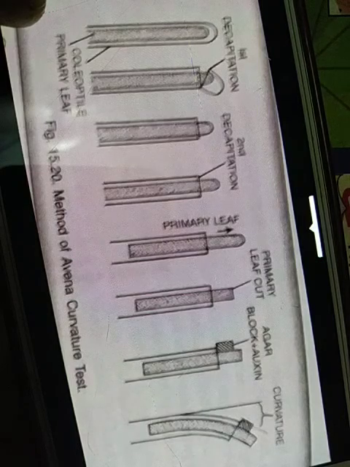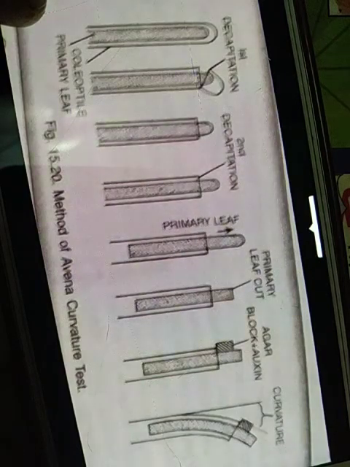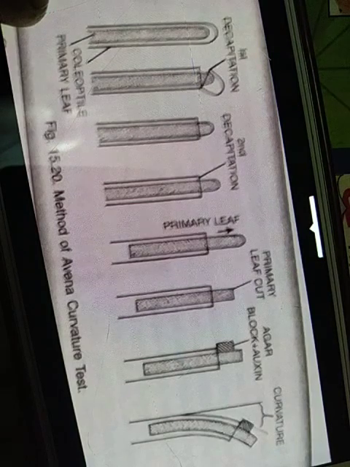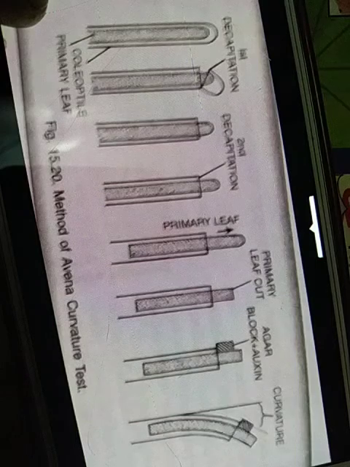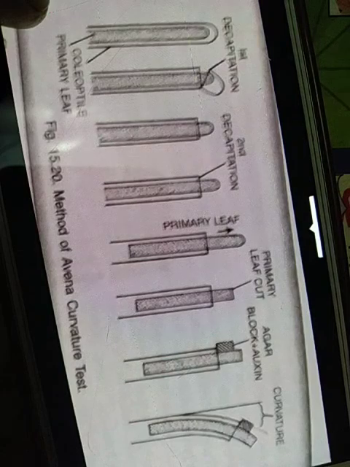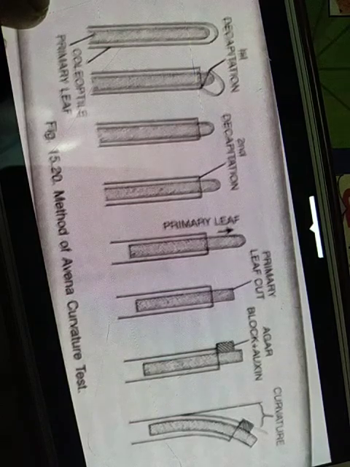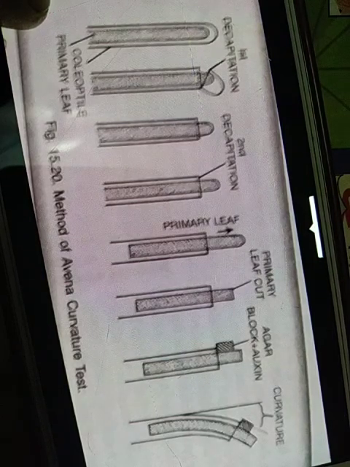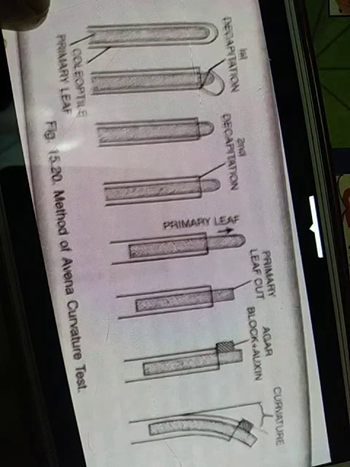Auxin from a shoot tip or any other plant organ is allowed to diffuse into a standard size agar block, generally 2 by 2 by 1 millimeter. Auxin can also be dissolved directly in agar. A 15 to 30 millimeter long oat coleoptile grown in dark is held vertically over water. A 1 millimeter tip of the coleoptile is removed without injuring the primary leaf.